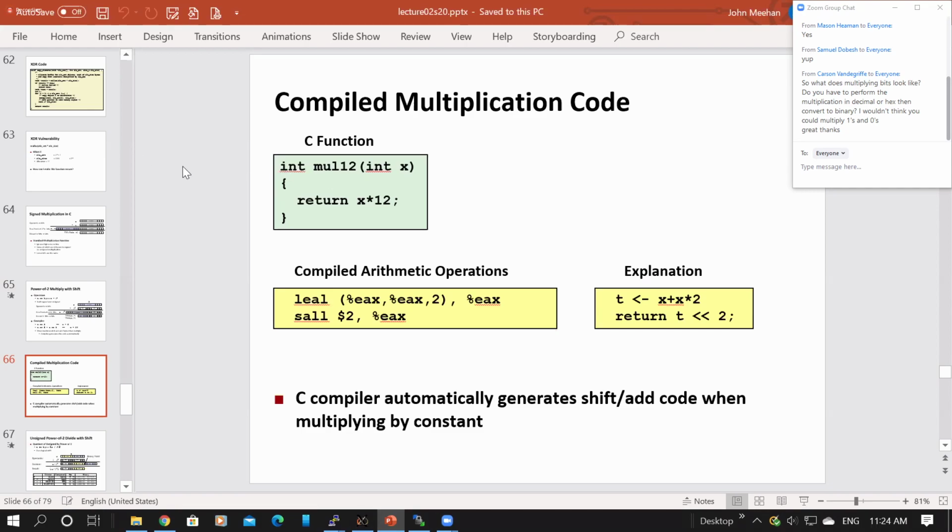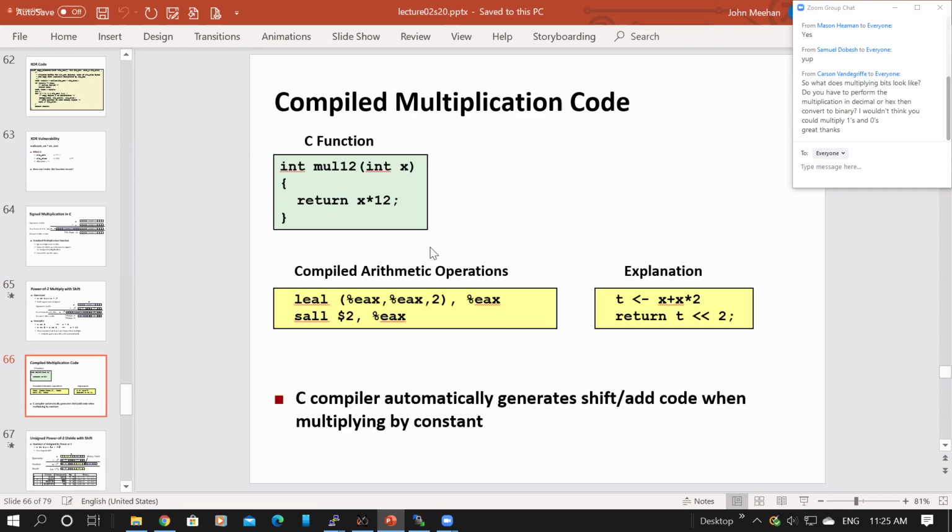So you wouldn't do that, unless you were insane. You would just write x times 12 whenever you wanted multiplied by 12. But for the purposes of this pedantic example, we want to have this little function that you hand it something and multiplies it by 12 and gives you the result.